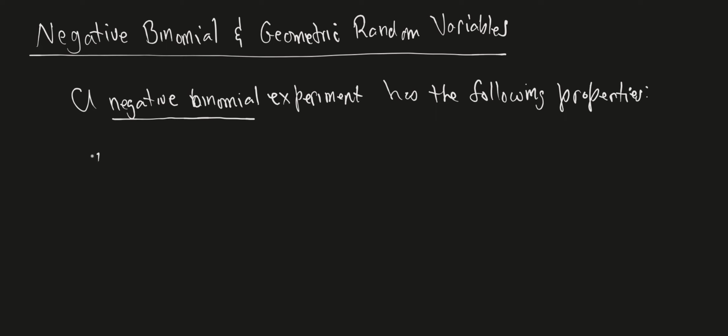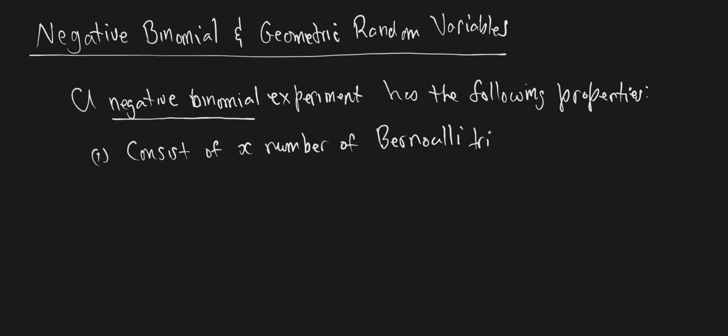All right, so the first thing that it has is it consists of X number of Bernoulli trials. And if you remember the Bernoulli trials, those are trials where each trial may result in one of two outcomes, whatever we deem as success or failure, right? But now it consists of X number of those trials.